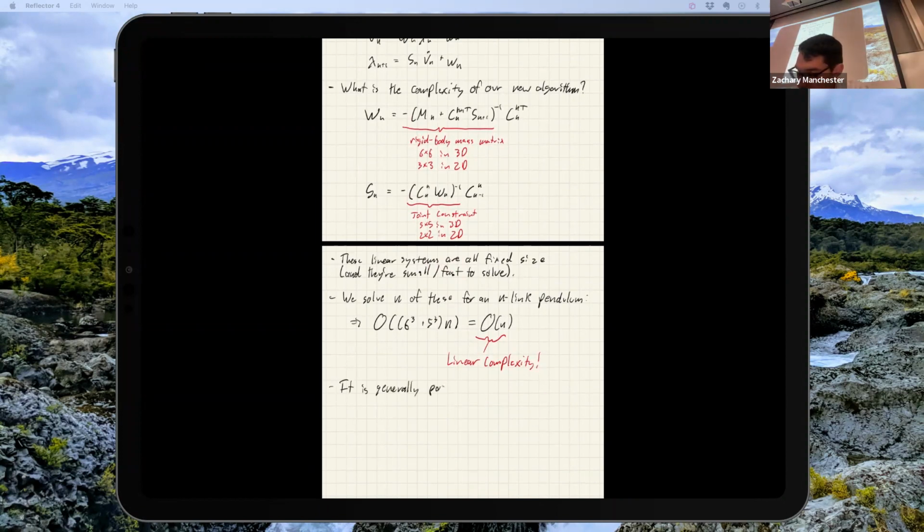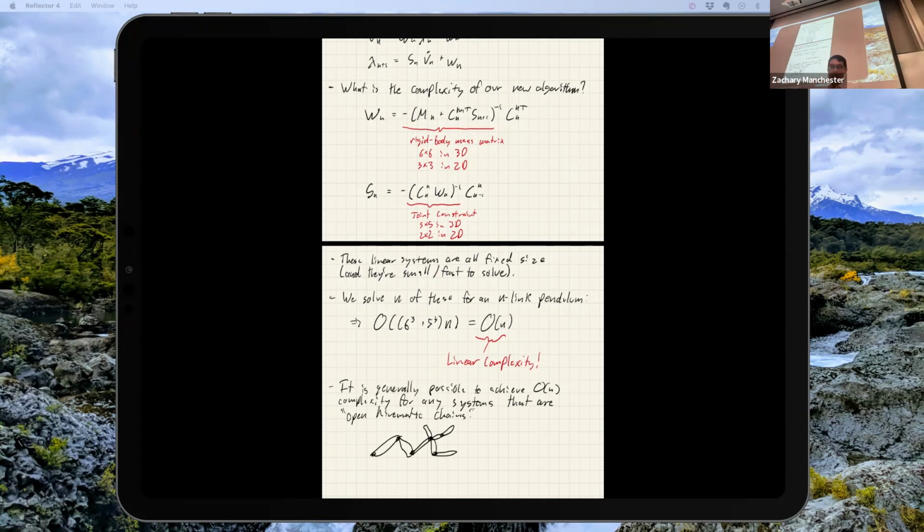It's generally possible to achieve this order n complexity for any systems that are so-called open kinematic chains. And this can be pretty weird things in general, like you can have lots of branches on these guys. So we could have links popping off from each other like this, and all kinds of weirdness, right?